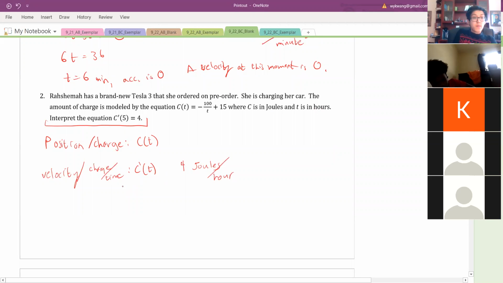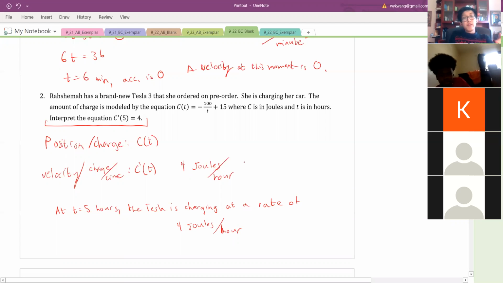So the actual answer to write out in a clear sentence is: at T equals 5 hours, the Tesla is charging at a rate of 4 joules per hour.